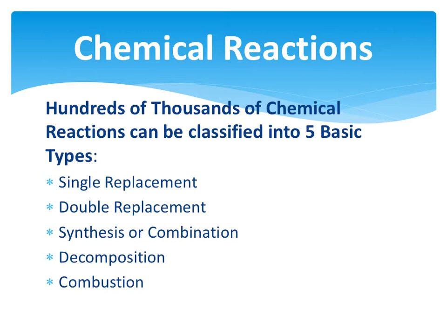Some folks list a 6th type called acid-base, but an acid-base reaction is a very specific one, and if you look at it from a higher level, it can fit into one of these 5 types also. But because it's an acid-base, they sometimes give it its own category. We are only concerned with the 5 listed here, which is what we're going to learn about in the next few minutes.